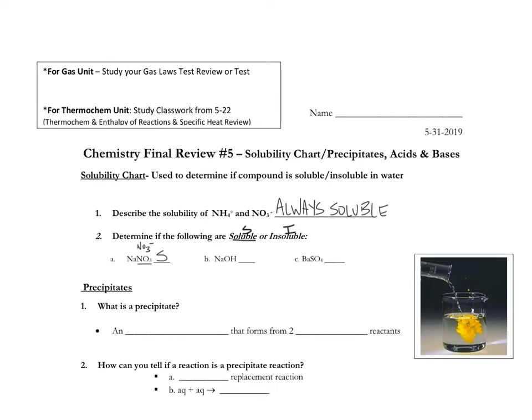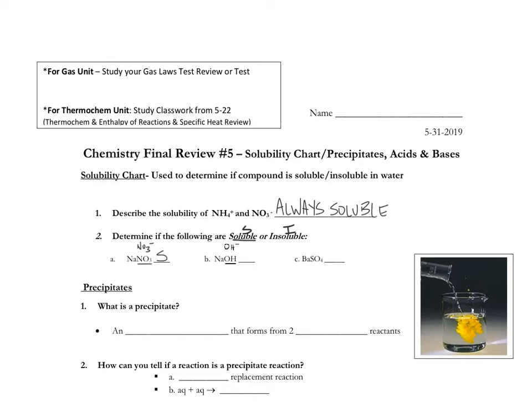Looking at sodium hydroxide, find the negative ion, it's hydroxide. So OH minus. When you look at your solubility list, go all the way down to find OH minus. OH minus is insoluble, but it does have exceptions. Its exceptions are compounds of ammonium, the alkali metal cations, calcium, strontium, and barium.